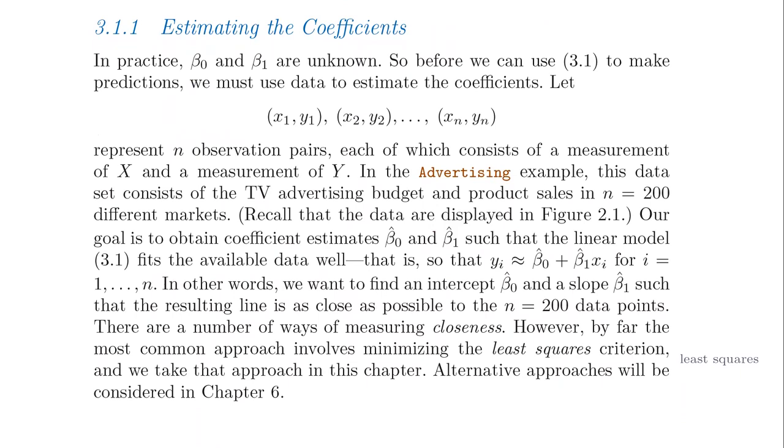Consider the following data set representing n data subjects, where we have noted their x variable and their y variable, each of which consists of a measurement of x and a measurement of y. In the advertising example, this data set consists of the TV advertising budget and product sales in n equals 200 different markets.